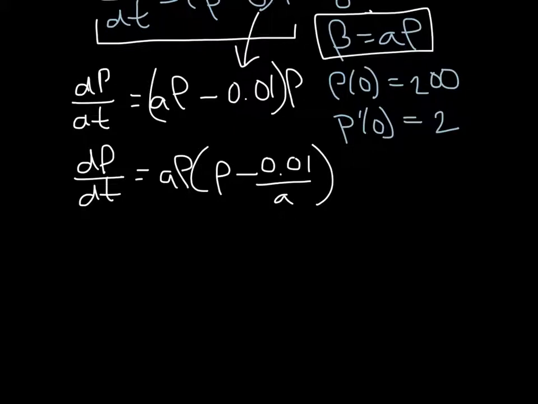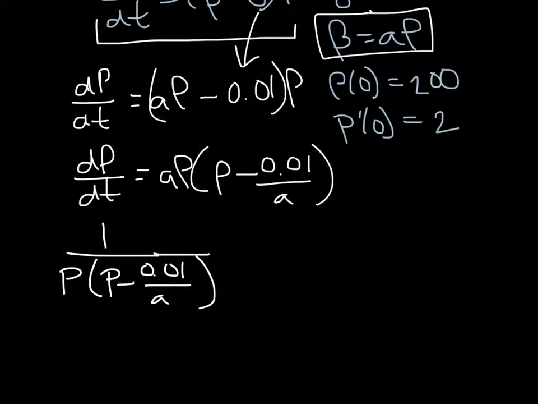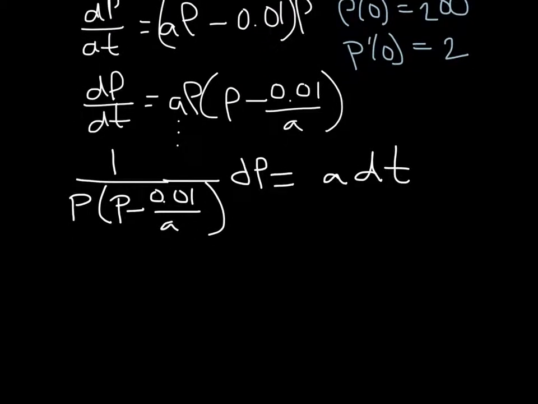When we separate our variables, moving things around, we're going to end up with 1 over P times the quantity, and we have this guy, dP, is equal to, and again, another nice A dt. So, I skipped some steps here. You guys can move things around by now, I hope so.